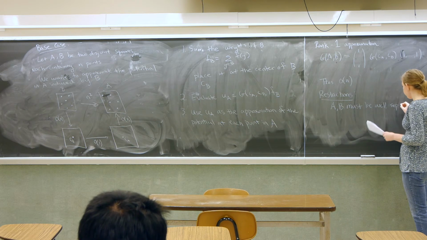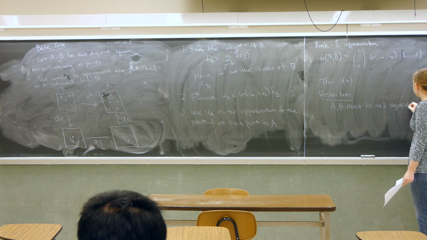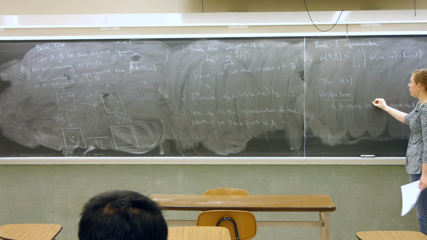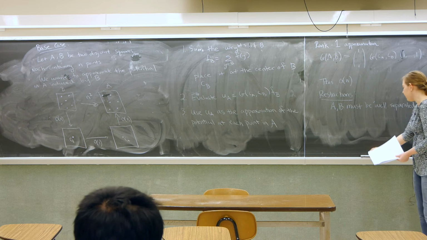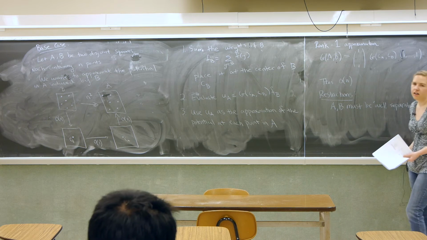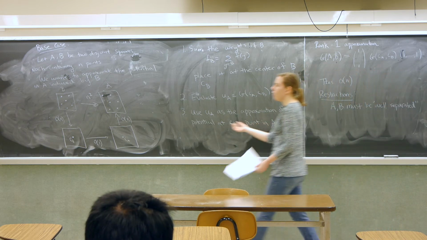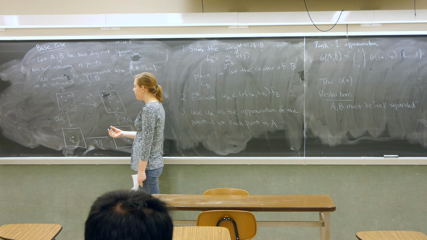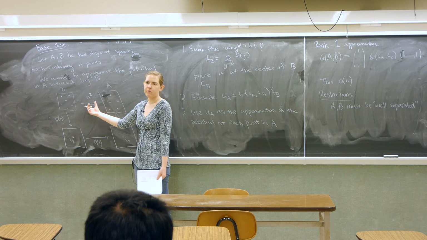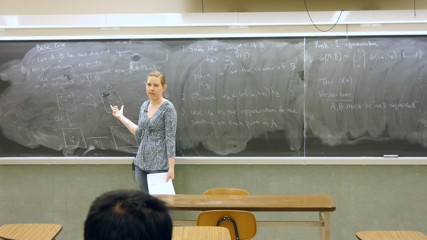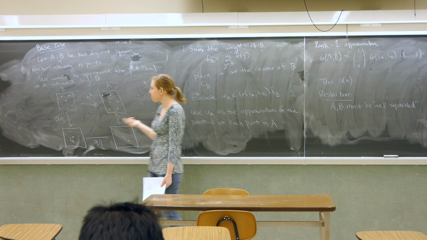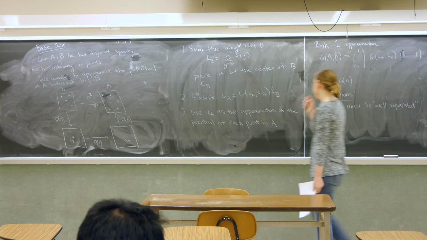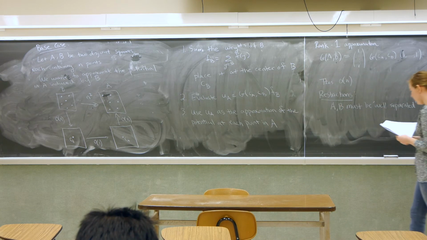Well separated might mean a lot of different things, but in our case, we're going to say that A and B are well separated if the distance between A and B is at least the width of the boxes, A and B. Okay, so A and B have to be well separated.